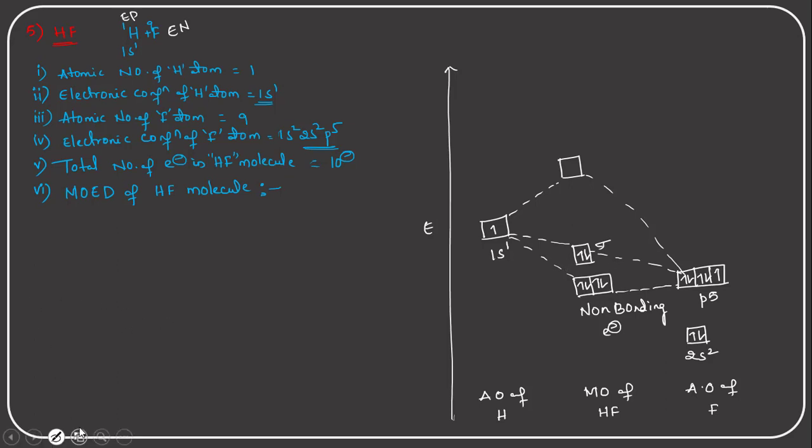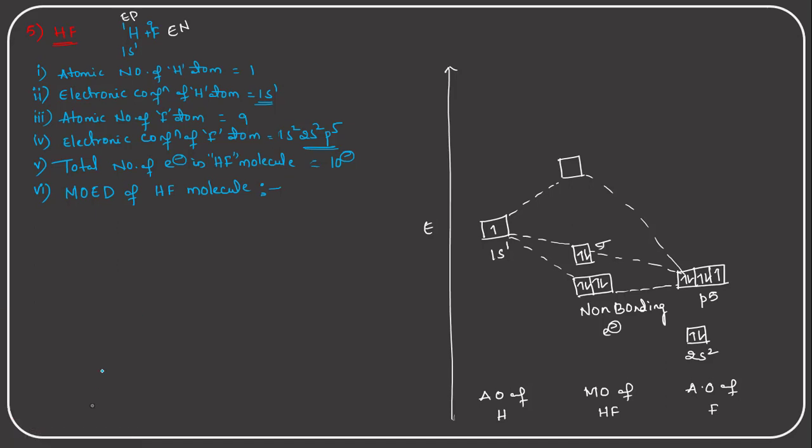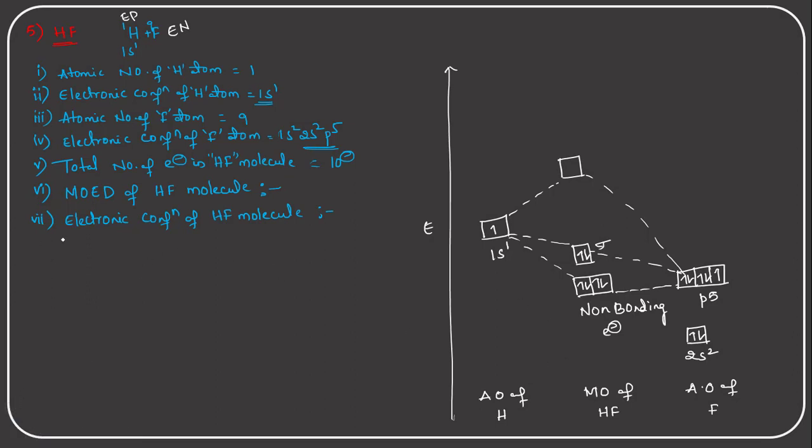And the next point, the seventh point, is the molecular orbital electronic configuration of the HF molecule, which is sigma 2 electrons. So only sigma 2 electrons.